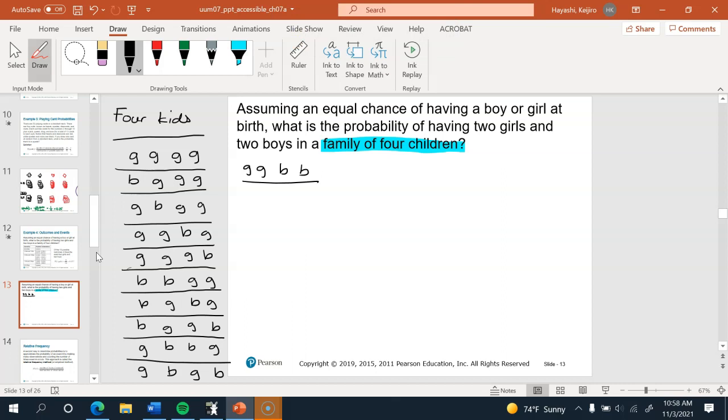Now you can have three boys. Or, conversely, you can think of it as having one girl. She can either be the youngest child, the second youngest, the second oldest, or the oldest.